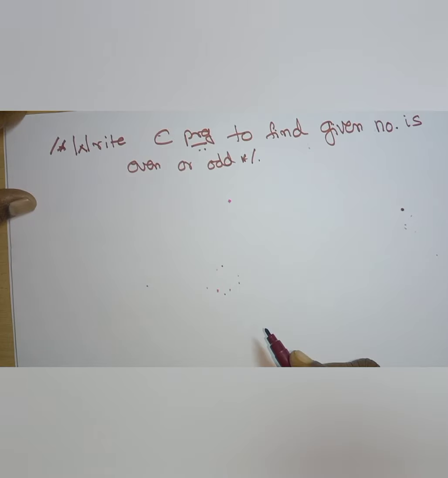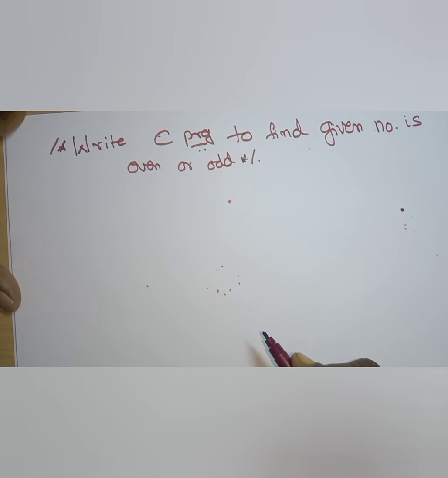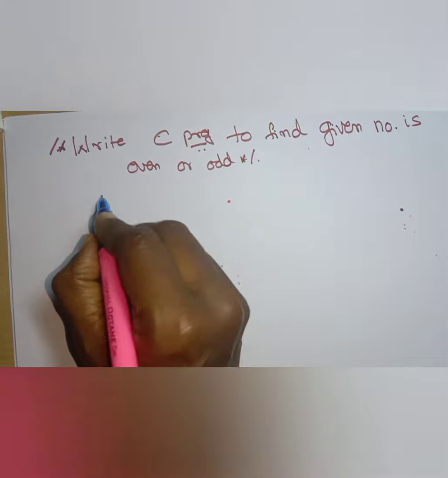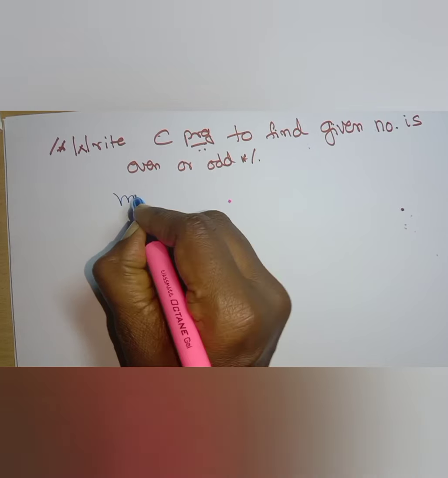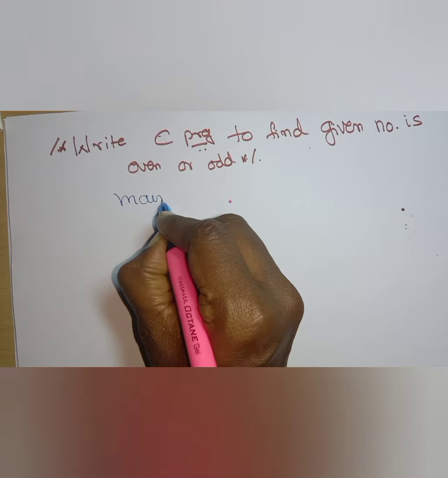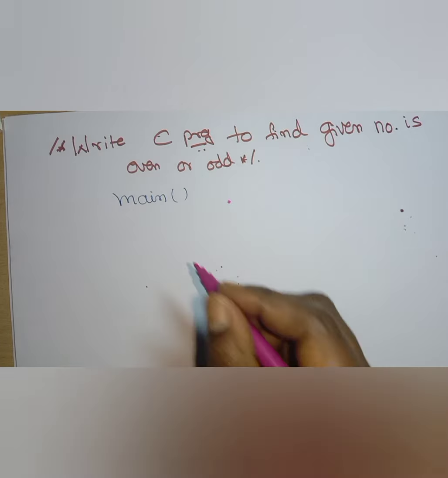Okay, so how to find? As usual, I have written the command line, and next the link section. Afterwards, we write the main. First I am going to read the number.